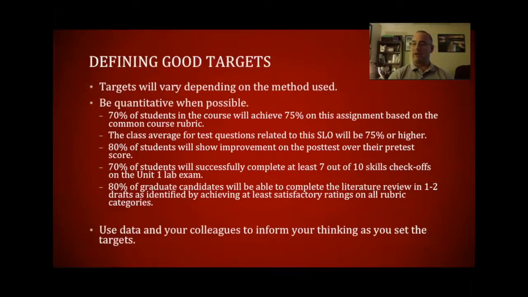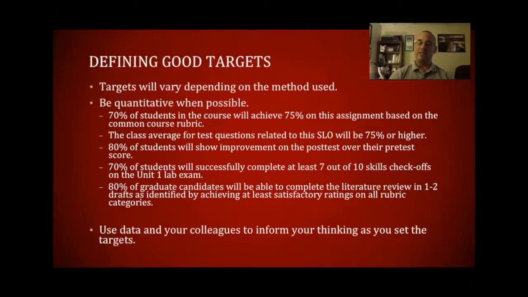And then as well, I've used this last one with my graduate students on their capstone projects at the end of this semester. So instead of it being a grade, they have to demonstrate mastery of the writing process. So 80% of graduate candidates will be able to complete the literature review in 1 to 2 drafts, identified by achieving at least a satisfactory rating on all the rubric categories.